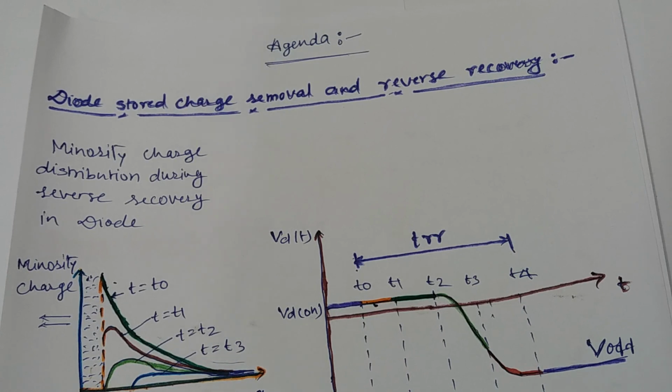Now let's talk about the diode stored charge removal and reverse recovery. I'm not going into much detail on how a diode functions, but let's talk a little bit about how a diode is working.